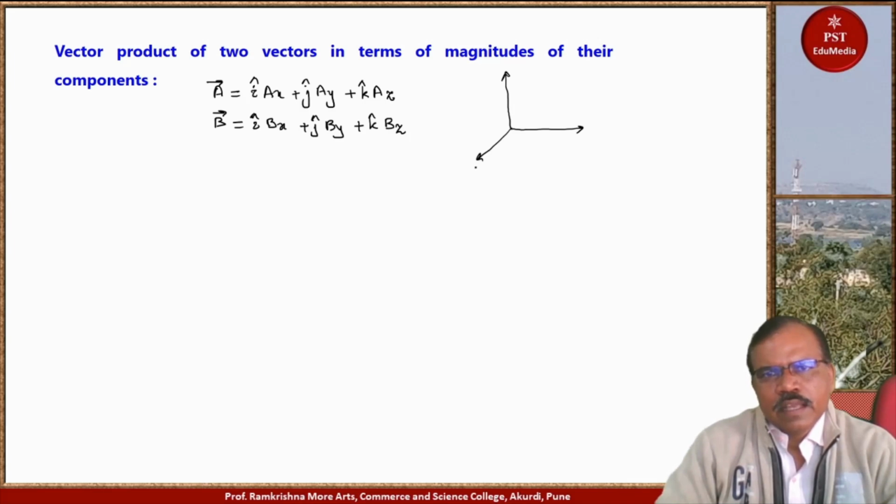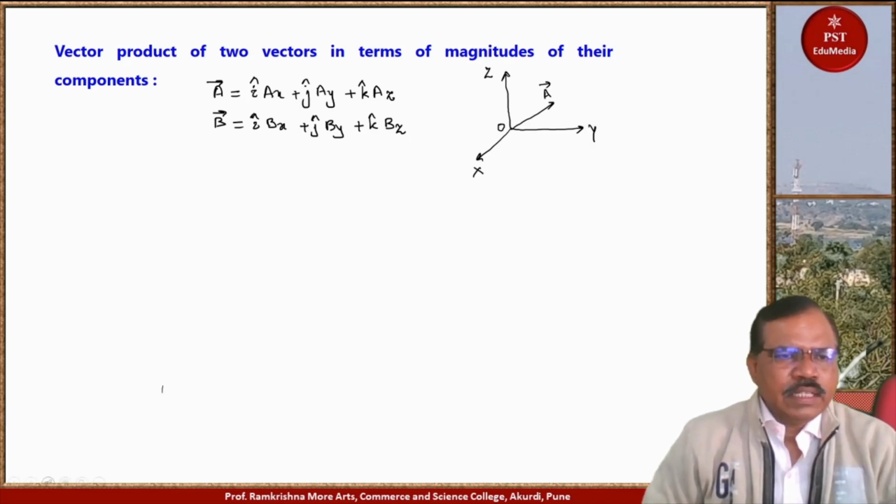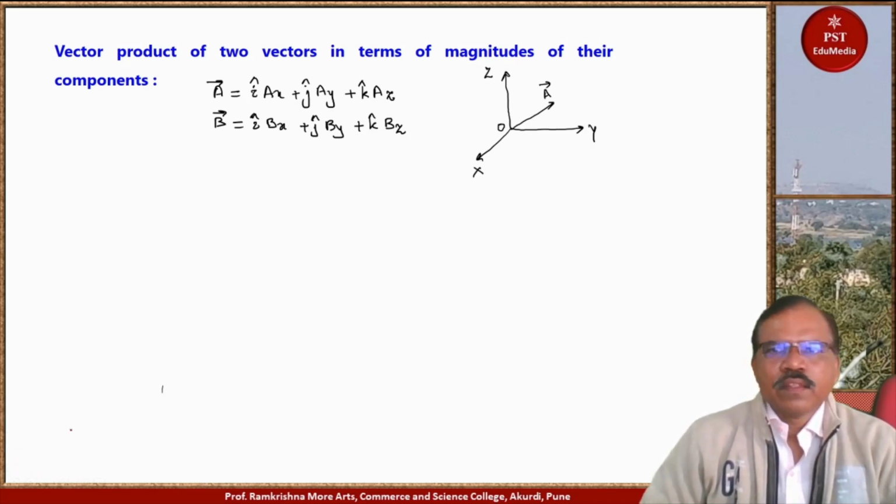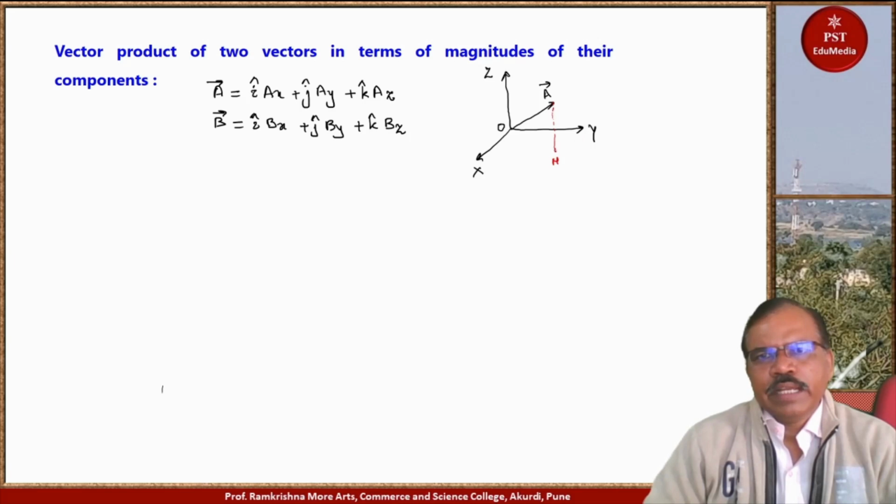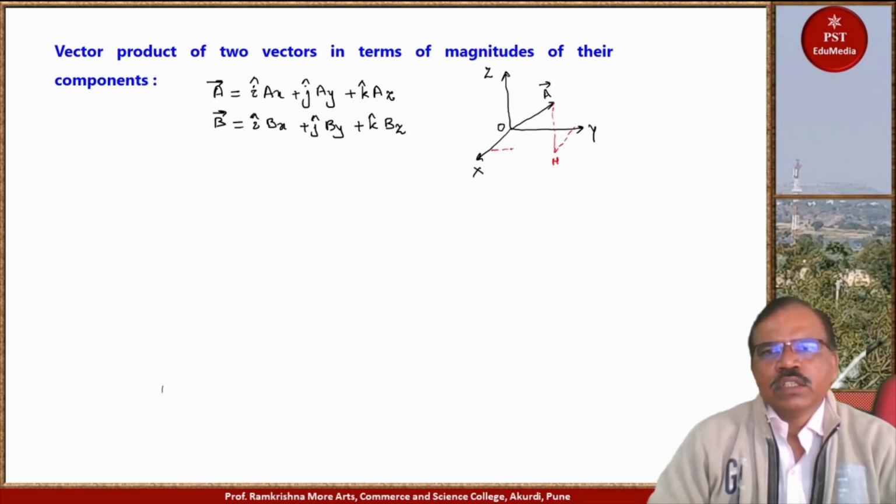Here we take a rectangular coordinate system like this: x, y and z, and suppose this is origin O, and suppose we take some vector A. Then we take the projection of vector A on the xy plane. Suppose the point is N. We draw a perpendicular on the y-axis and a perpendicular on the x-axis.